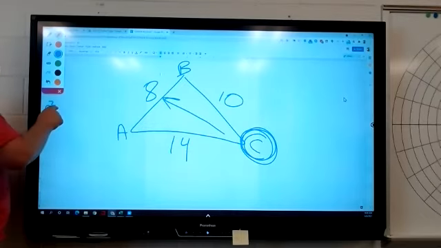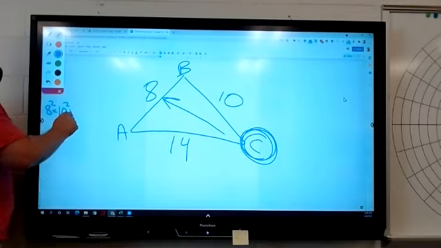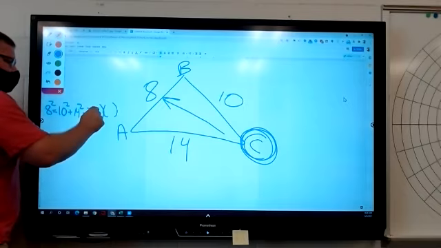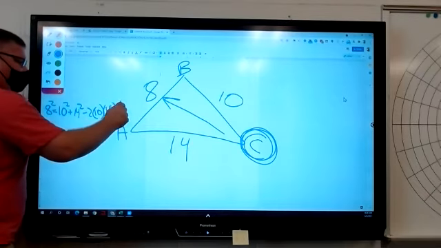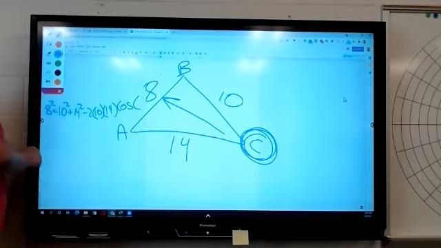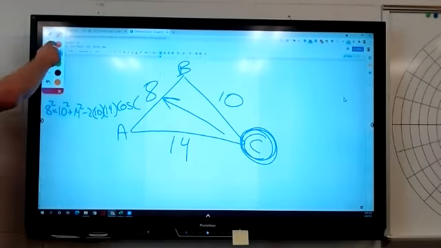Equals 10 squared plus 14 squared, minus 2 times 10 times 14 cosine of C. C in this case, right? Yes. Okay, here we go.